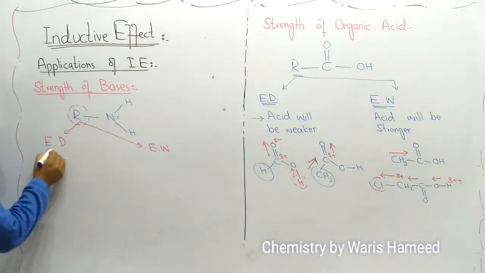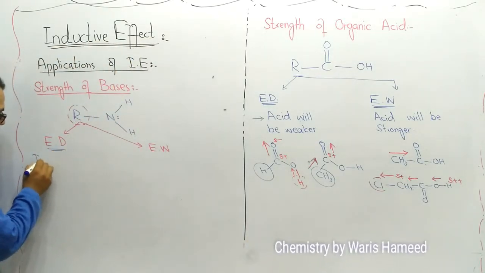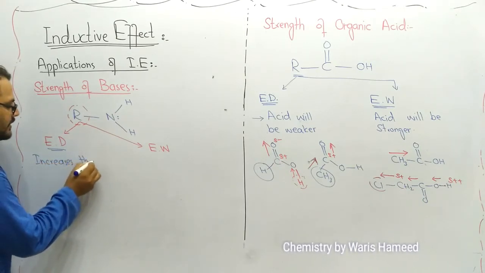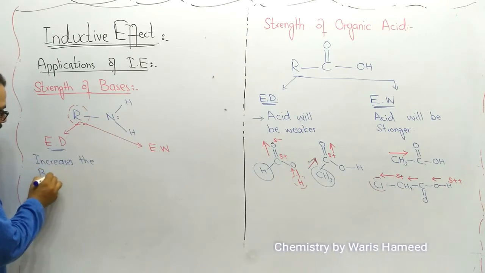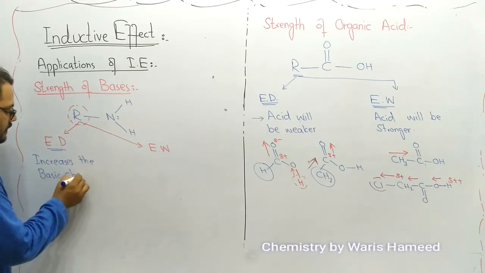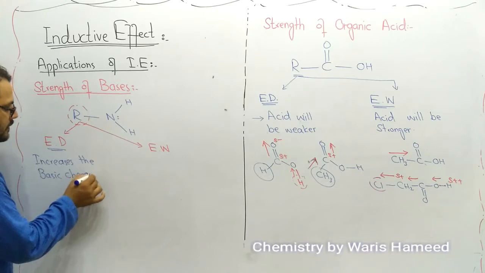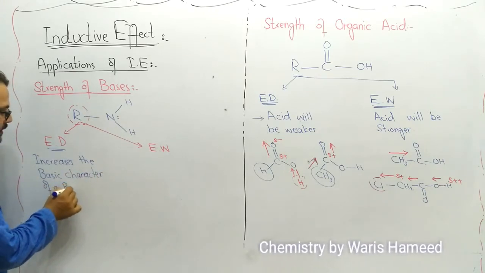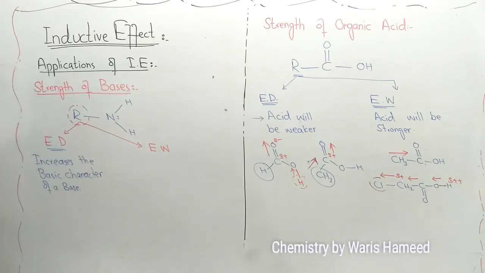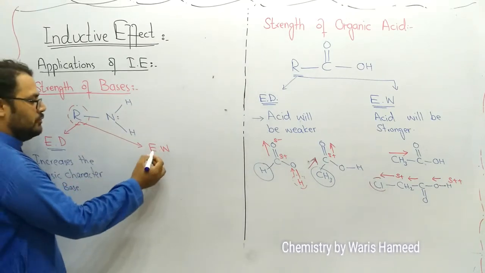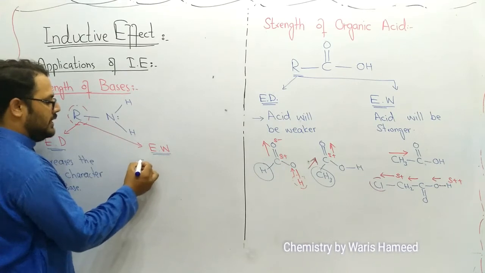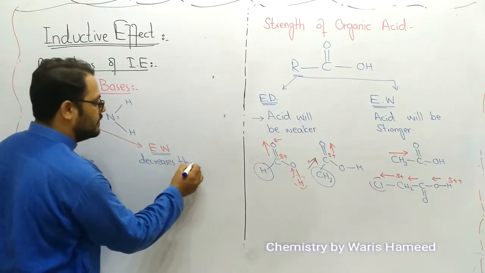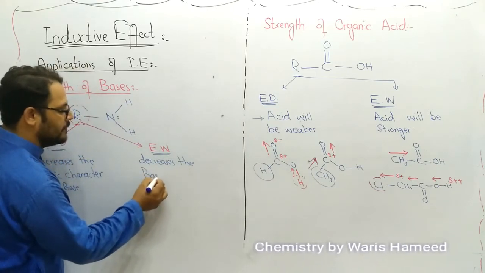We can write it as increases the basic character of a base or any molecule. If we use an electron withdrawing group, it decreases the basic character.